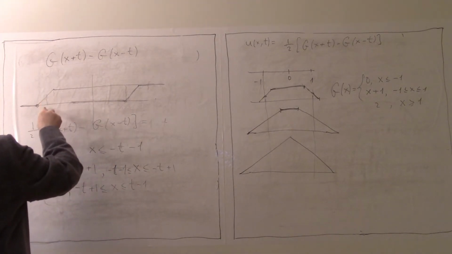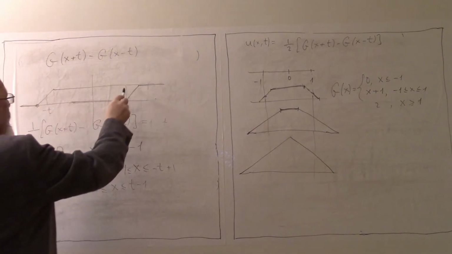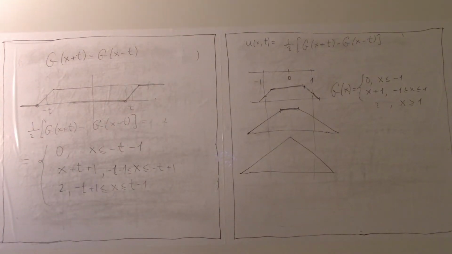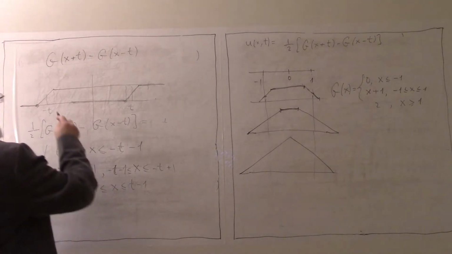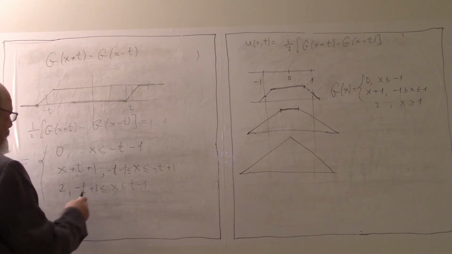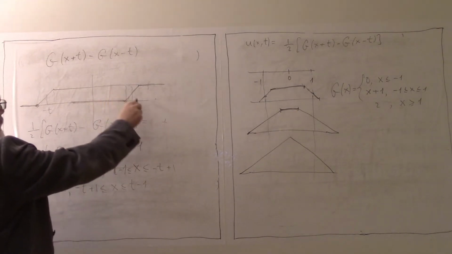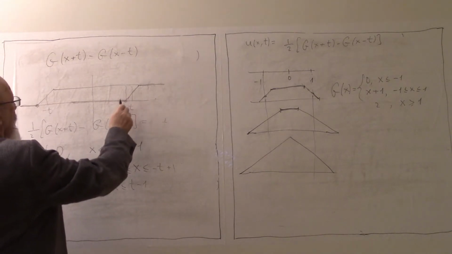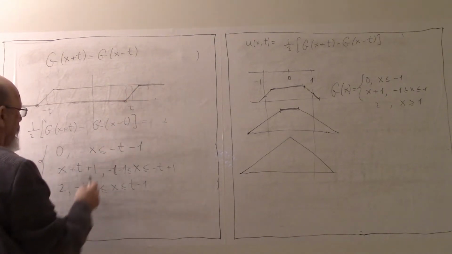So this is point minus t, this point t. One moment, maybe I take a different pen, like this. And here it falls down. It is this difference, this works.